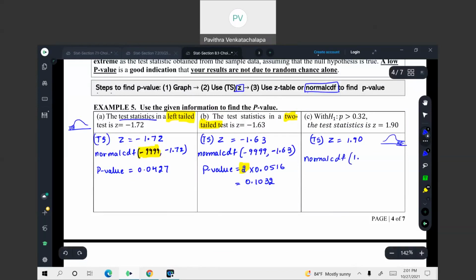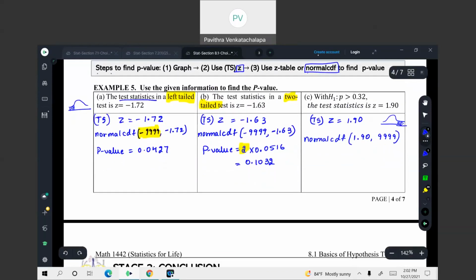Now you will change the limits. You have the lower value as 1.900, the z-score, and you do not know the upper value, so you will just enter it as 99.99. Now your p-value for this will be 0.0287.